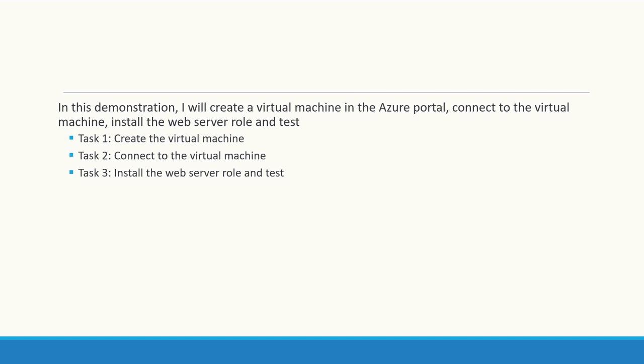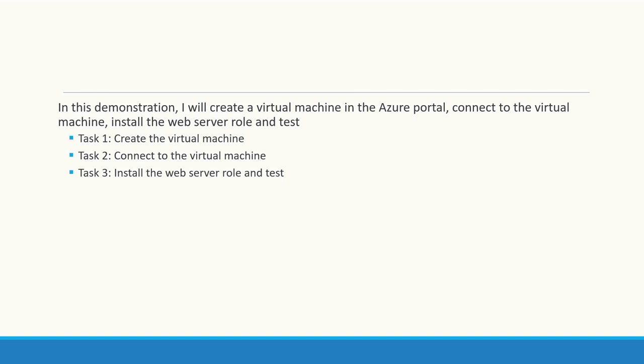In order to test that we can successfully administer the virtual machine, we're going to install a web server role. The web server role will allow us to host a web application on this particular virtual machine. For this demonstration, we are not going to host a web application, but just to test that we can perform configuration, or we can administer the server once we connect to it virtually.